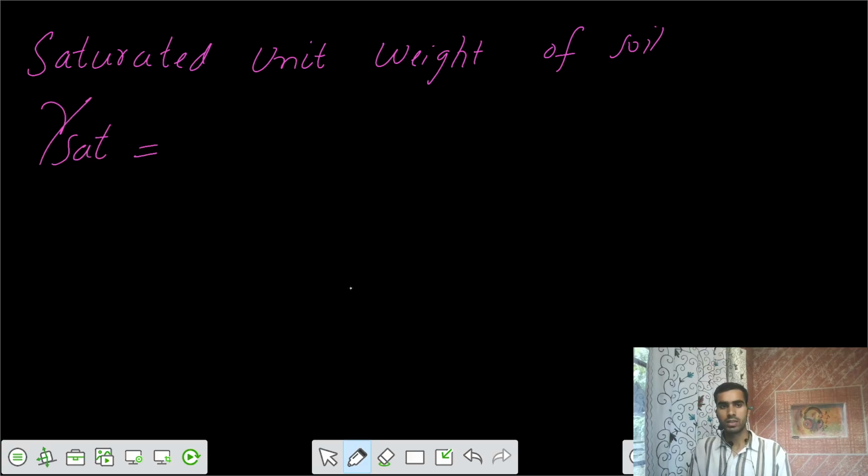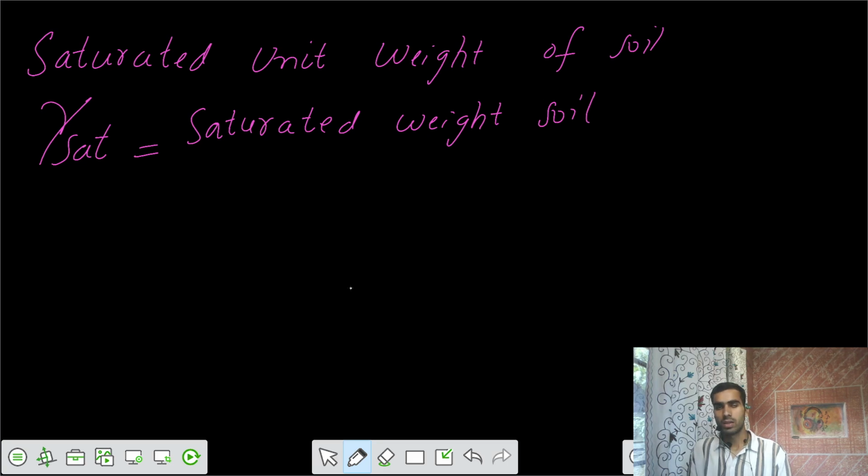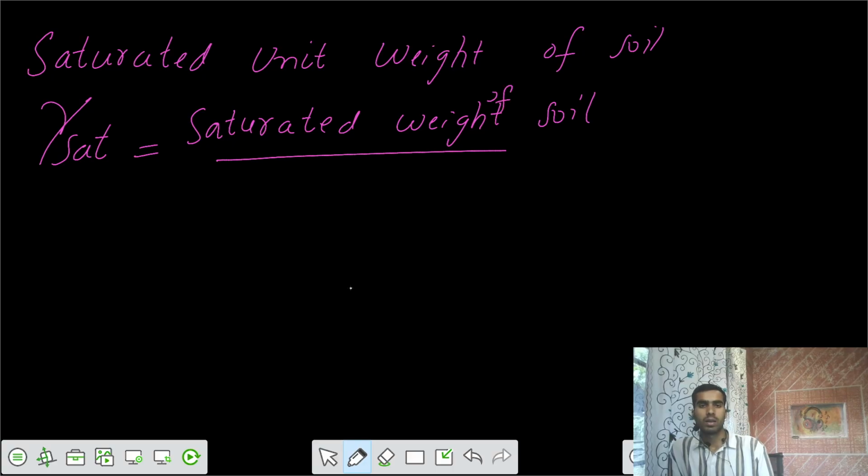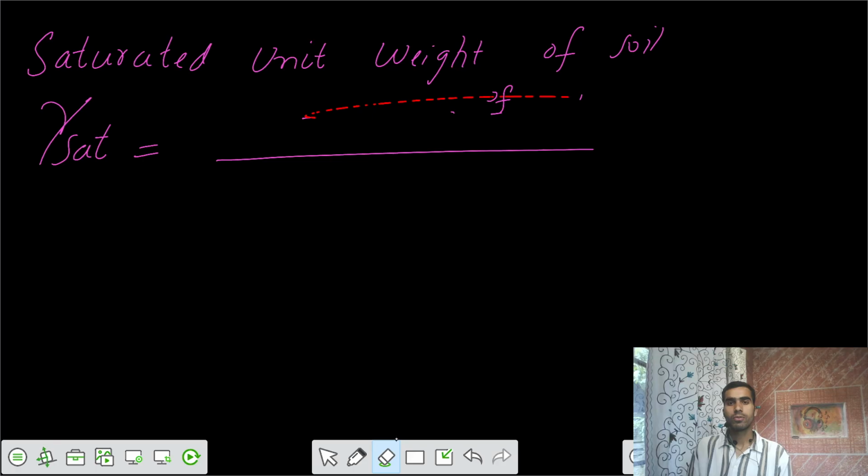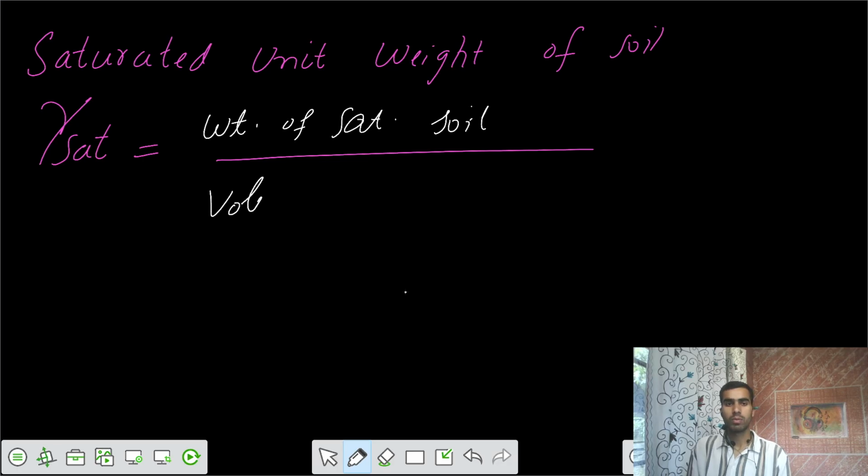That is the weight of saturated soil divided by the total volume of the soil mass.